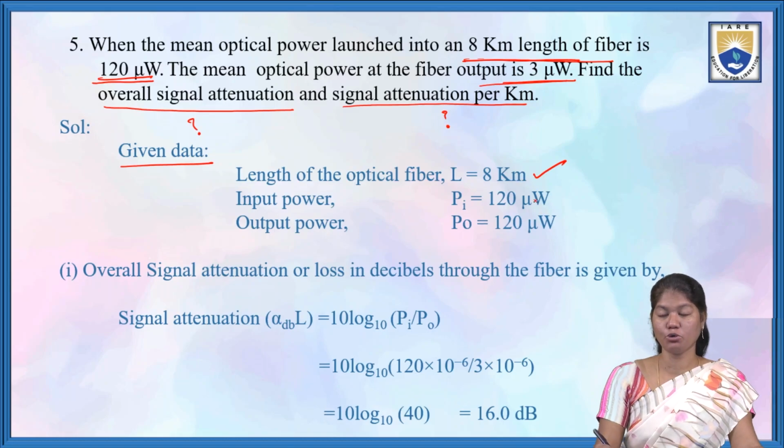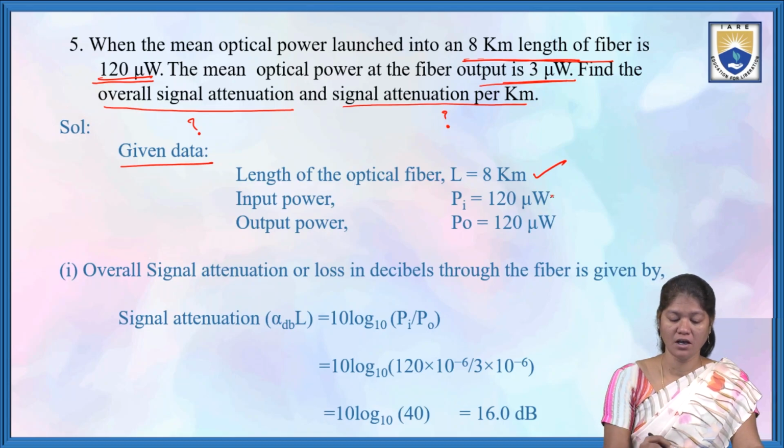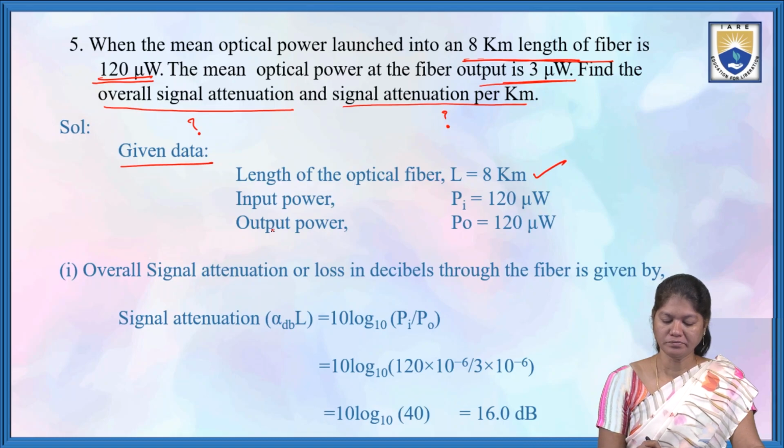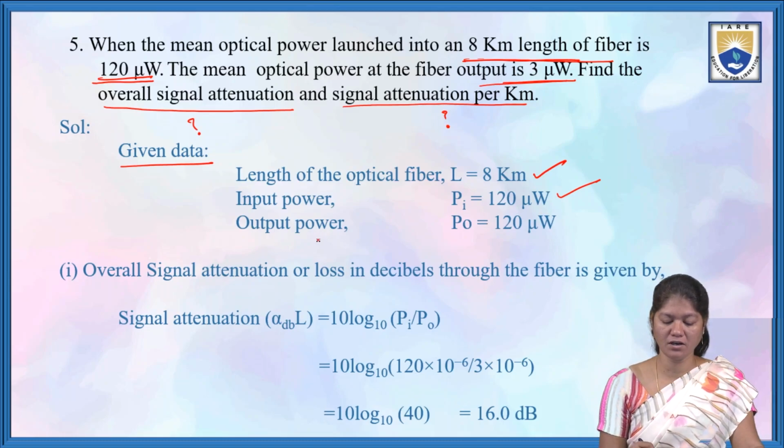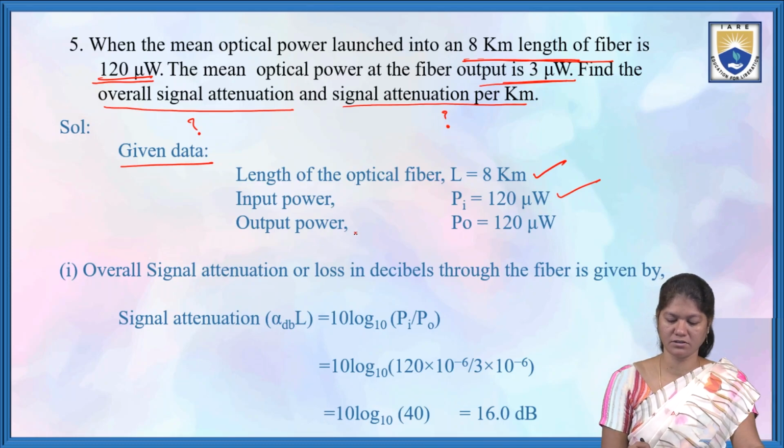The input mean optical power Pi is equal to 120 microwatts, and the mean optical output power P naught is equal to 3 microwatts.